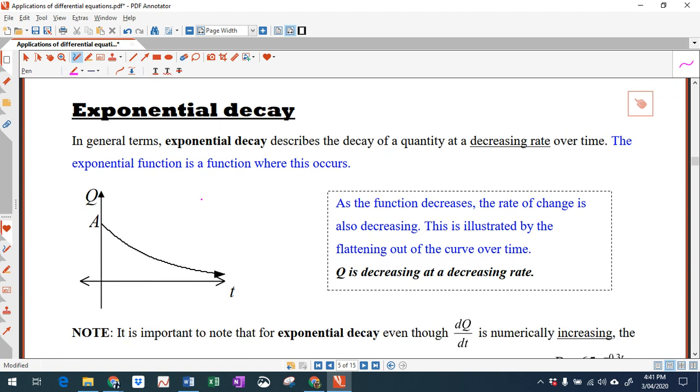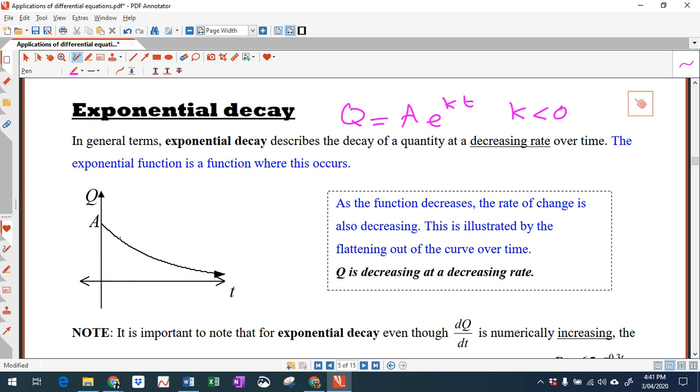Well, one thing to mention is that with exponential decay, we also have this equation to consider: Q equals A e to the kt. The difference here with exponential decay is that k is negative because the quantity is decreasing.